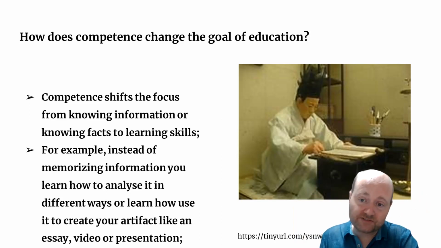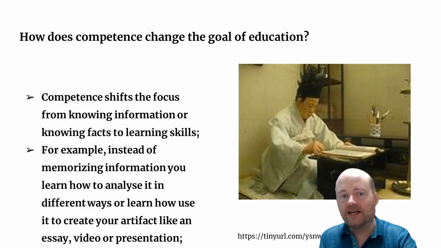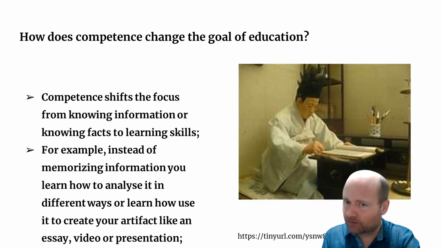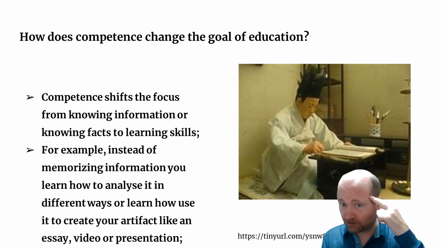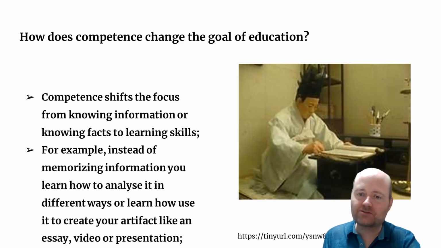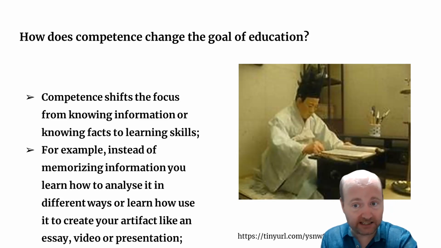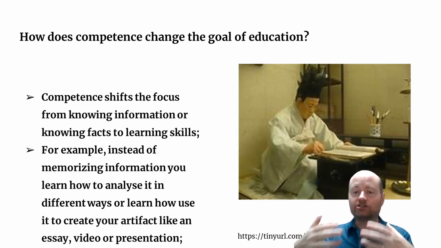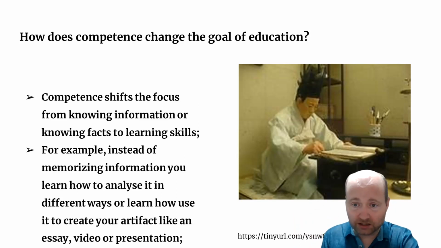These days, also because of the change in media that we use, now everything is online. It's more useful not to know the information because the information is already there. We don't need to memorize it. The useful thing is to know how to understand that information, how to evaluate that information, and then how to use that information in order to create your own work.